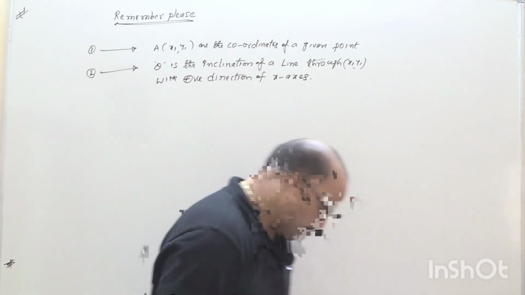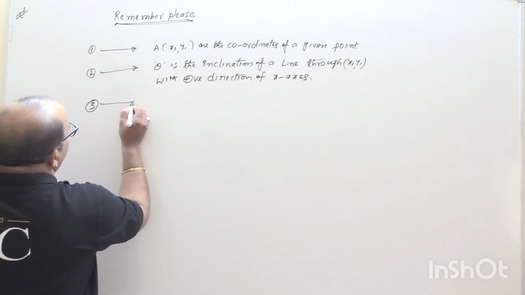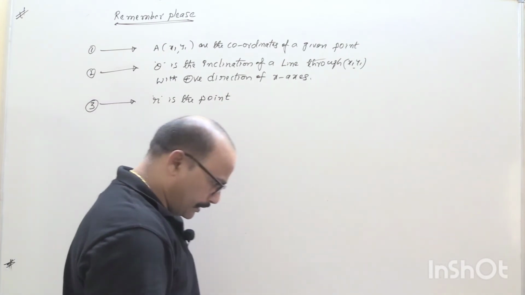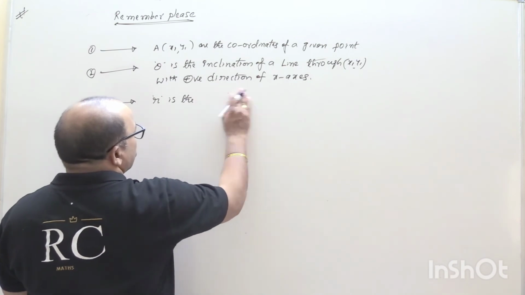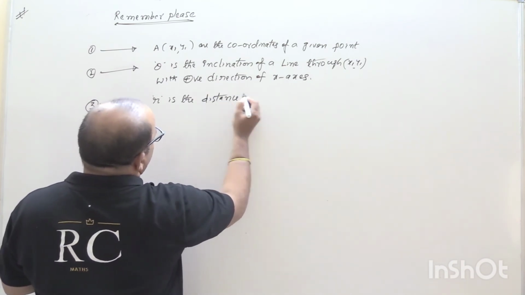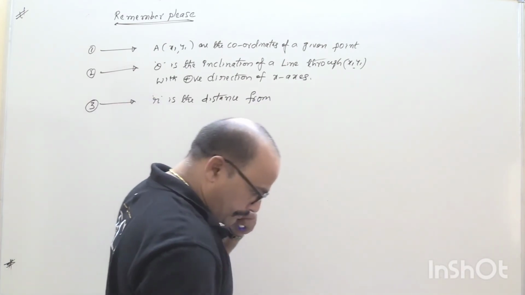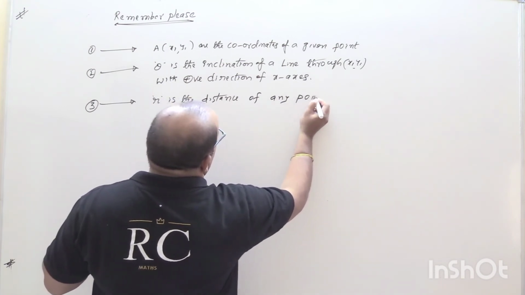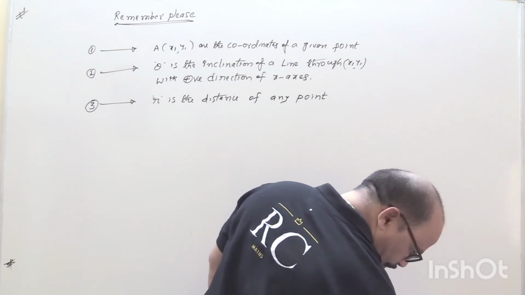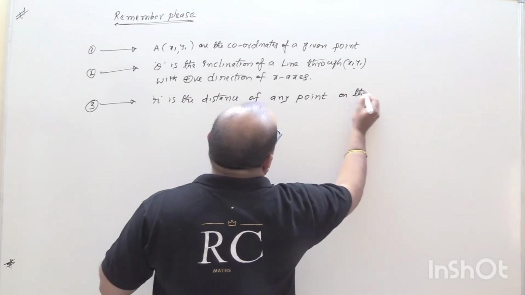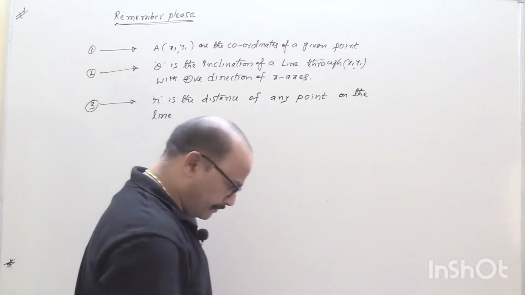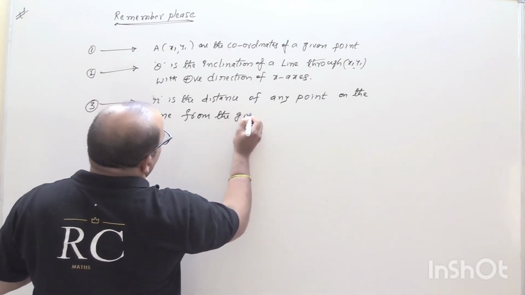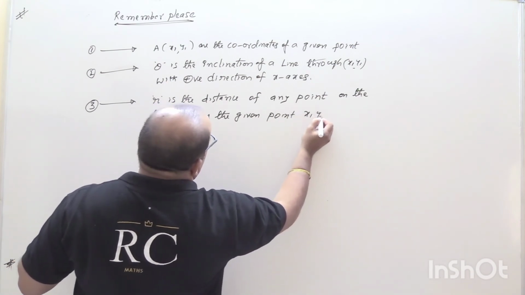Third point, students: r is the distance of any point on the line from the given point x1 comma y1.